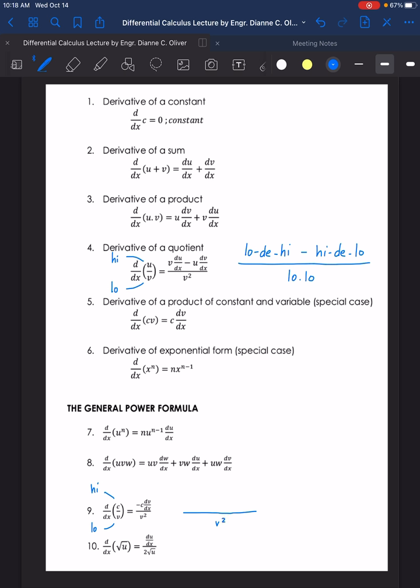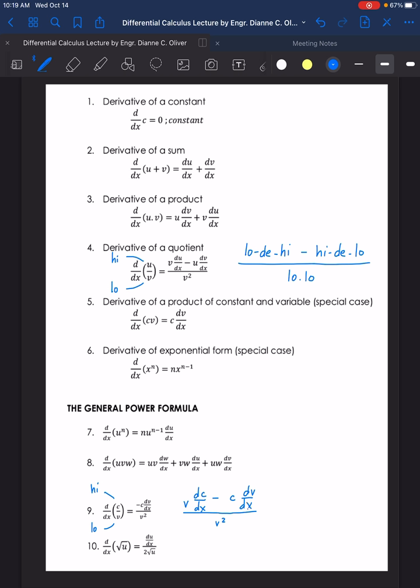Low di high, V, derivative of C. So we have V, and then derivative of C over V, dx, I should say, minus, you copy the numerator, the high, derivative of low.